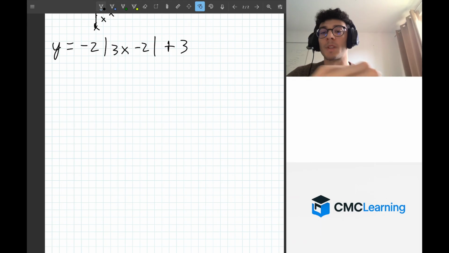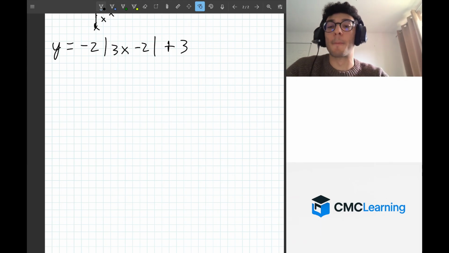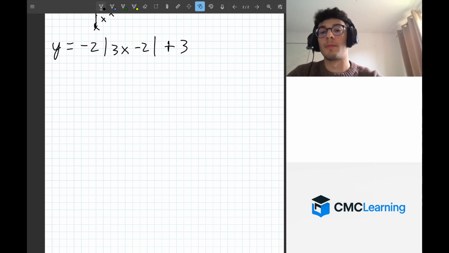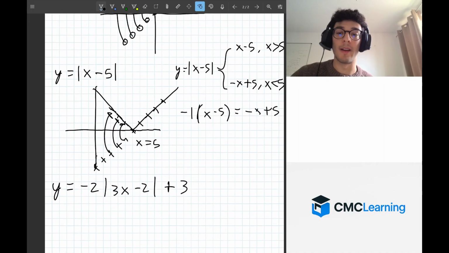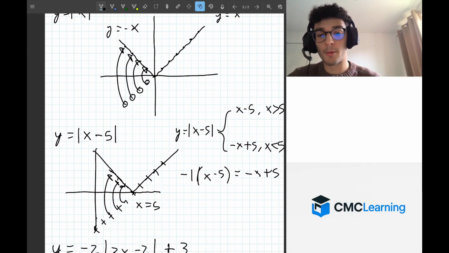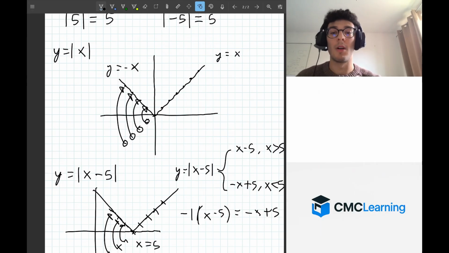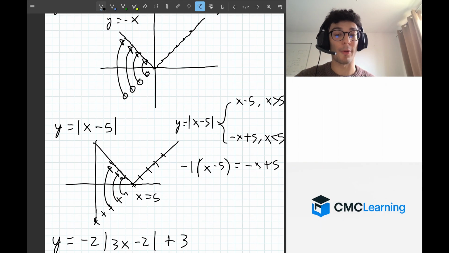Okay, so let's have a look. We can think of some definitive steps here. I think the first step here is to find out where this turning point is. If we look at all of our functions that we've applied so far, we can see that there is some point where our graph switches from one gradient to another. We call that a turning point.